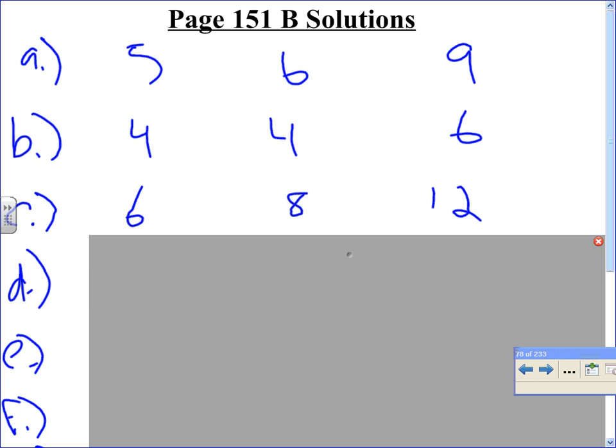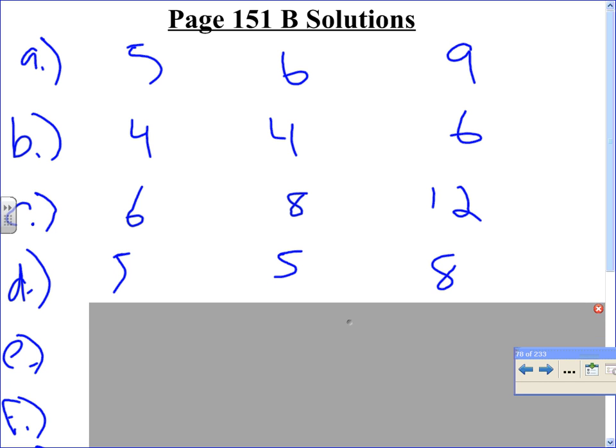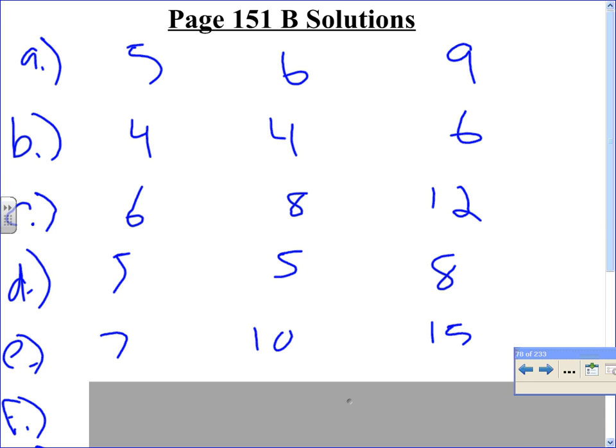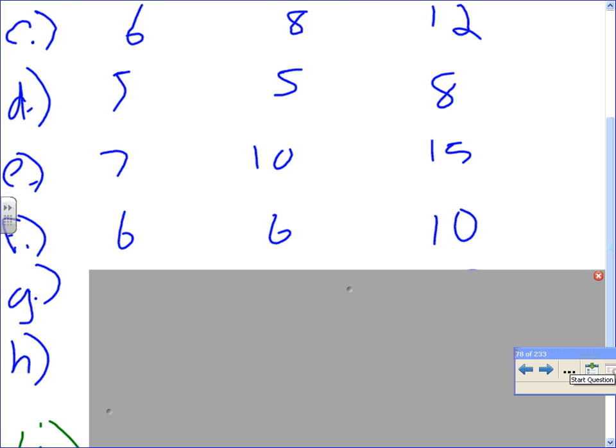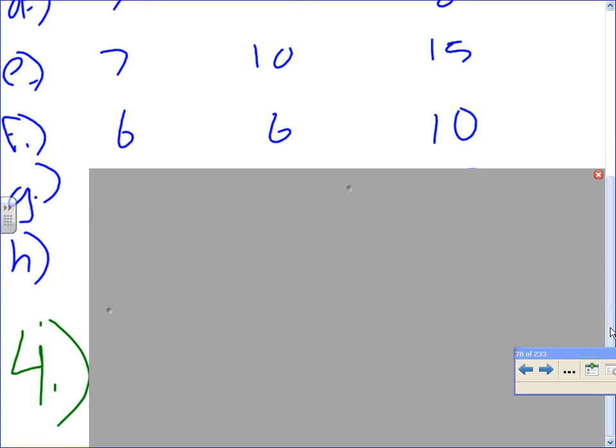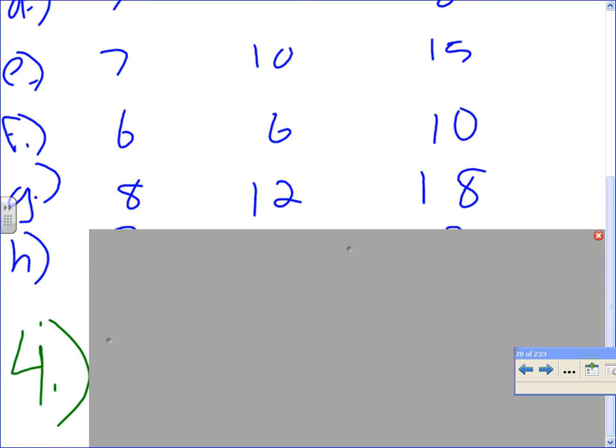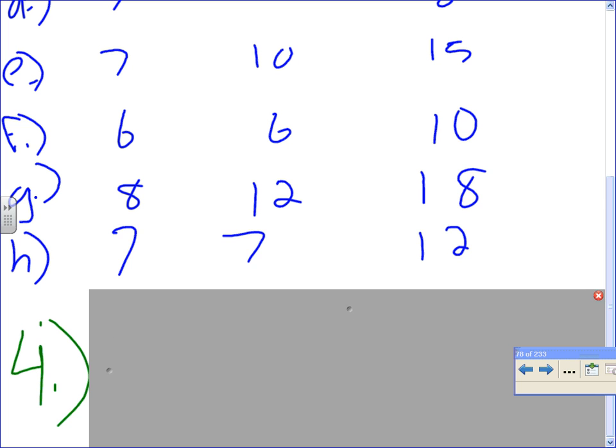Charles, letter D. Perfect. Letter E, Mary. 7, 10. Good. Letter F, Donatus. Good. Adam, letter G. Good. Jeremy, letter H. No. Emma, M. 7, 7. Good. 7, 7, and 12.